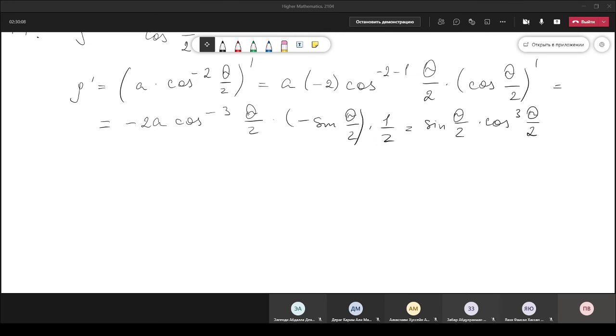Then the second derivative of rho is the derivative of the first derivative, and I forgot a. A times sine of beta over 2 times cosine cubed of beta over 2.